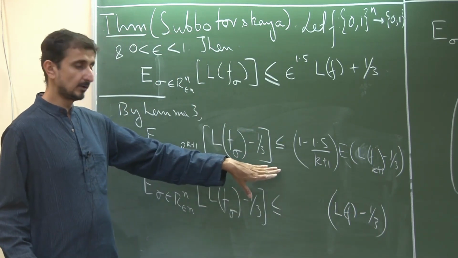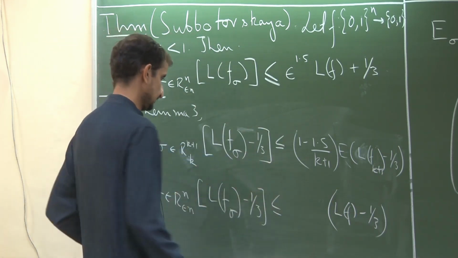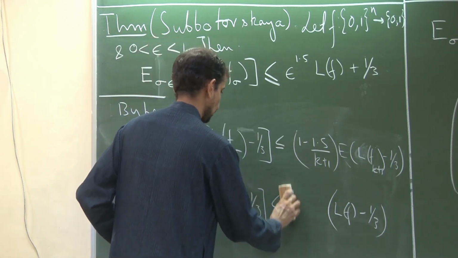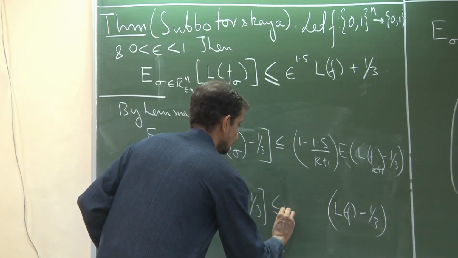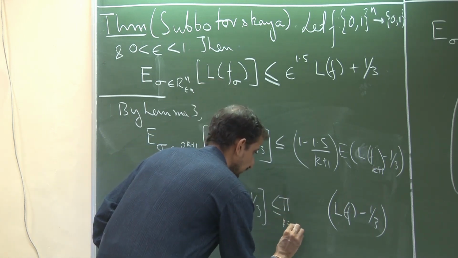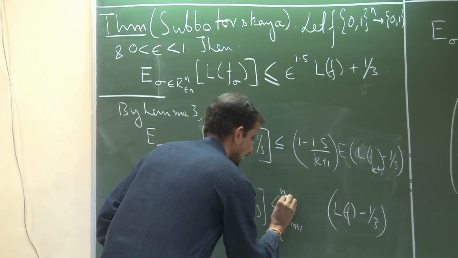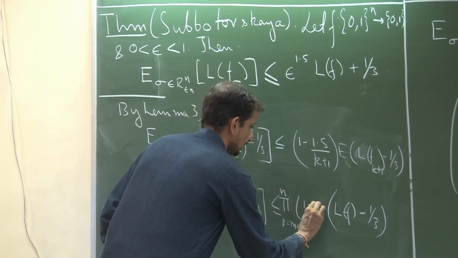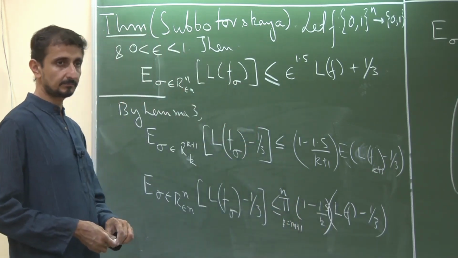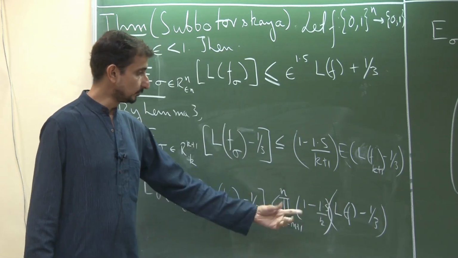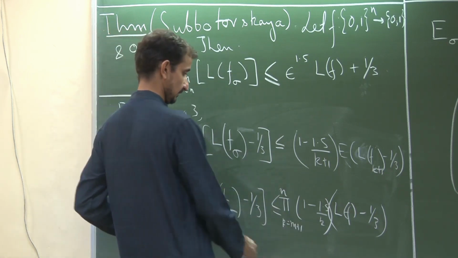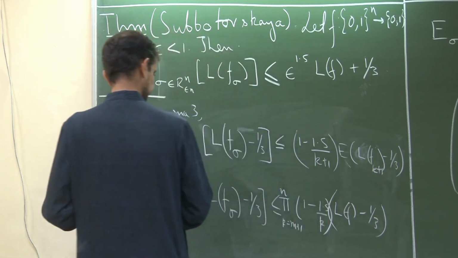So how many times do I have to apply this? In fact, it will be a product over here each time I apply this. So the product for k going from m plus 1 to n of 1 minus 1.5 by k. Every time I do this, I am adding an additional multiplicative factor of this quantity.